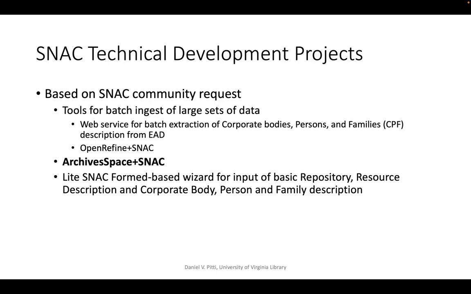One is a web service for batch extraction of corporate bodies, persons, and family description from EAD in tab separated value form, which can then be opened in OpenRefine. We're developing a SNAC plugin as well for OpenRefine that allows you to refine the data, do identity reconciliation against SNAC, and ultimately to push descriptions of your resources and CPF entities into SNAC.